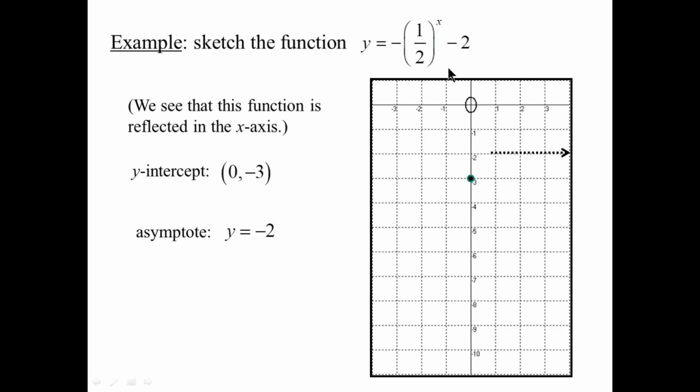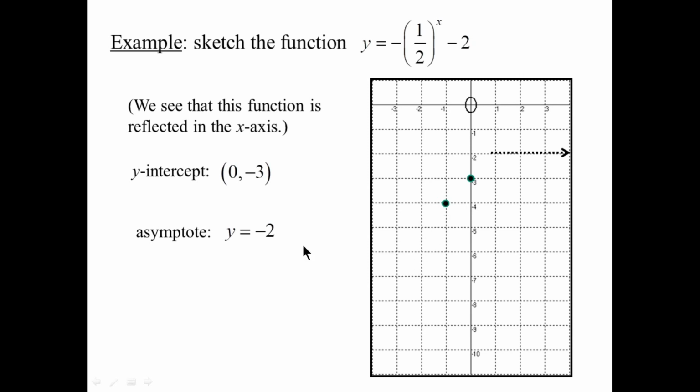And we need a lattice point, or 2. Let's try a negative lattice point, like -1. Why? Because a half to the -1 is 2. So if x is -1, this part of the expression is -2, subtract another 2 makes it -4. So a lattice point will be at -1, -4. Here it is here, -1, -4.